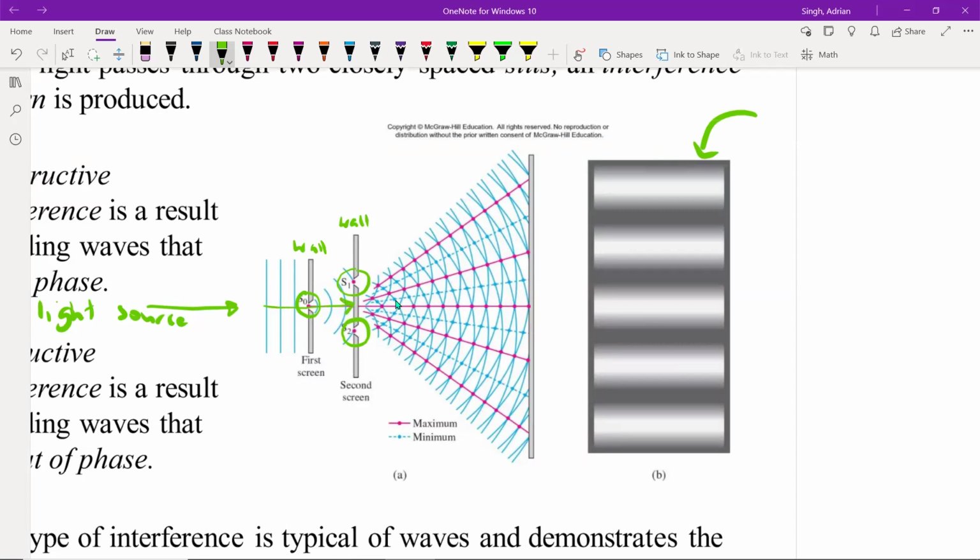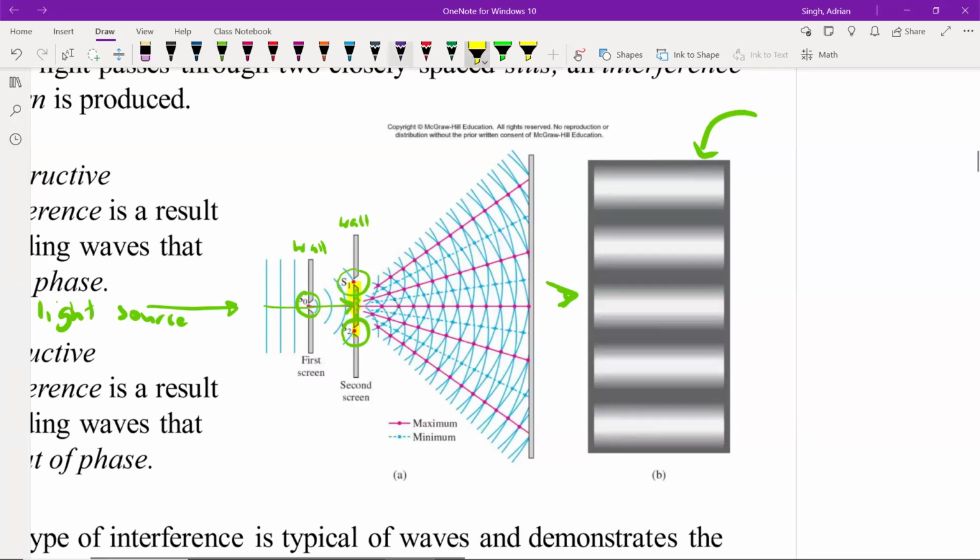That's what one would predict. So if you had an observer over here, this is your eye, you really shouldn't see anything. This whole thing should be black because the light is blocked right over here by this second wall, that I'm highlighting in yellow. But that's not what they observed.